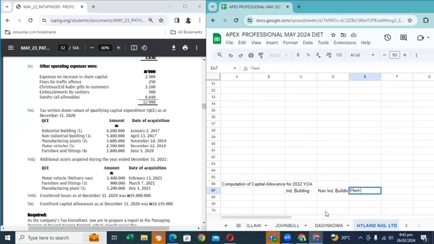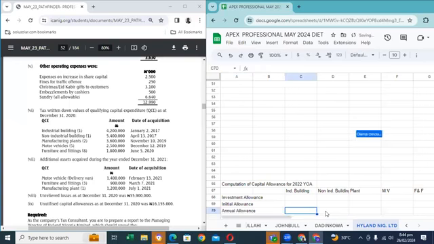I have motor vehicle. I have furniture and fittings. And I have my total. Here we have investment allowance, initial allowance, annual allowance. Here is 15%, and then 10%.